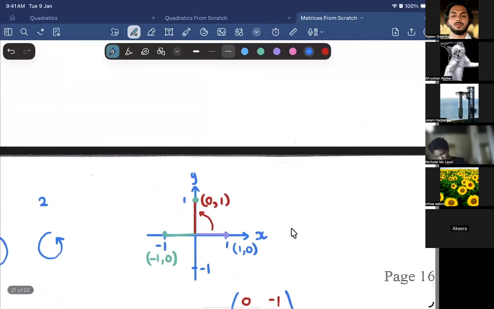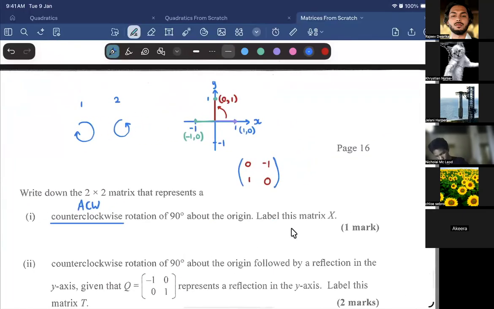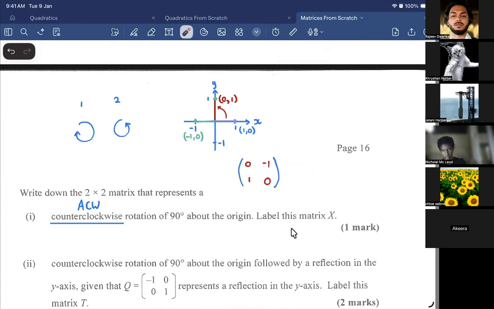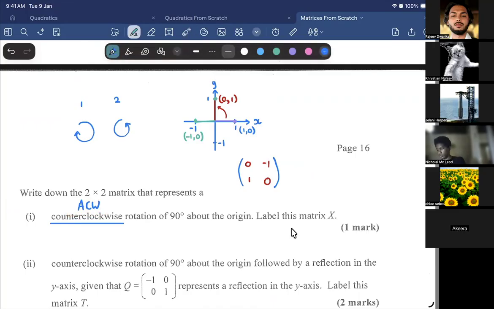So let me run through that one more time. I know this may be a bit confusing to those that didn't stay back last class, but let me try to understand what's happening. So Christian, we want to rotate something 90 degrees in what direction? Anti-clockwise.